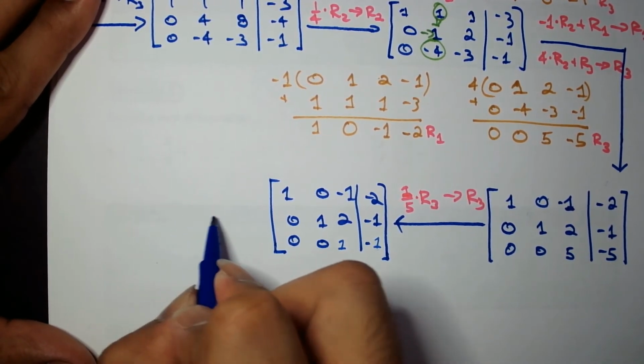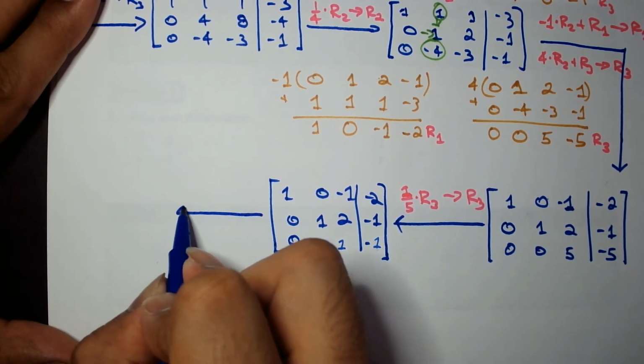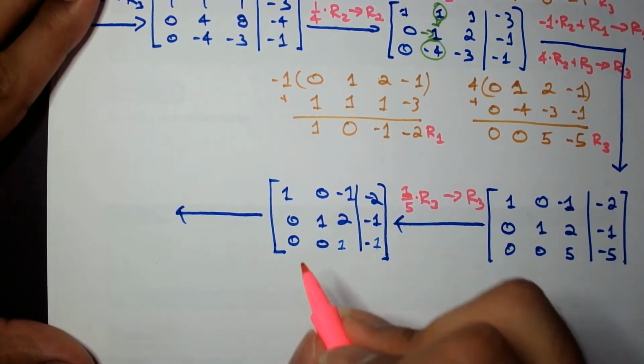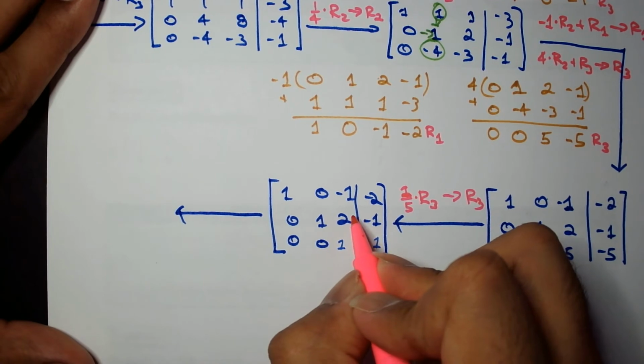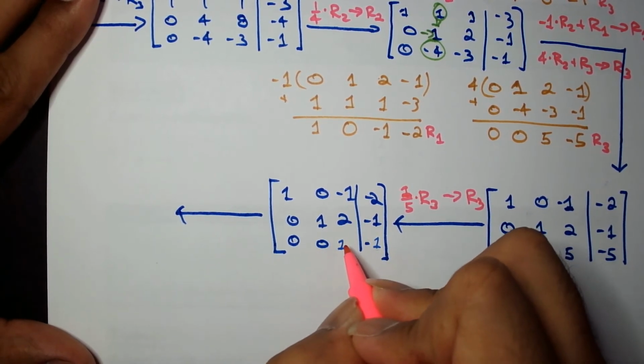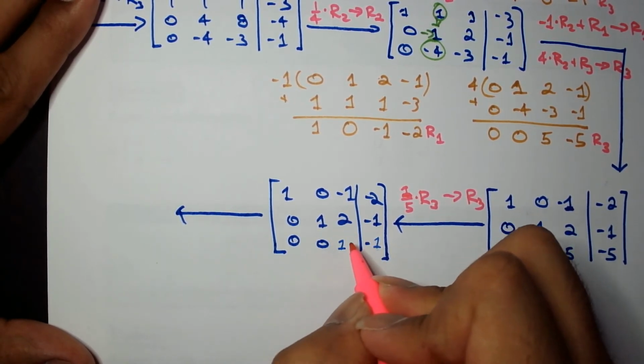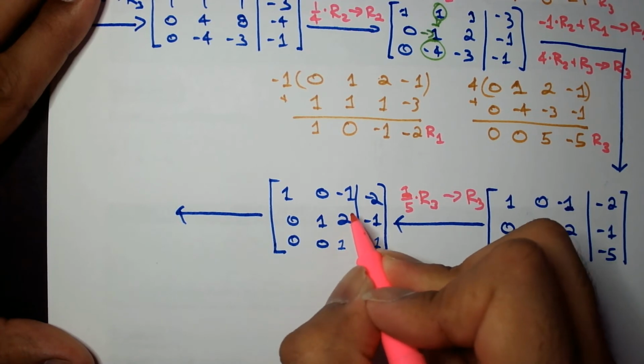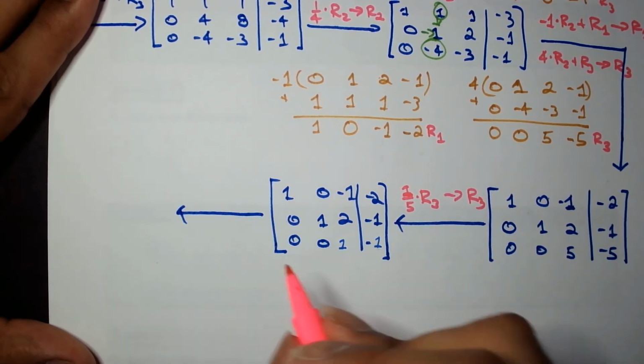So number 1, we have this one. I need to get rid of these two by adding the opposite, the additive opposite of that, which in this case is -2.